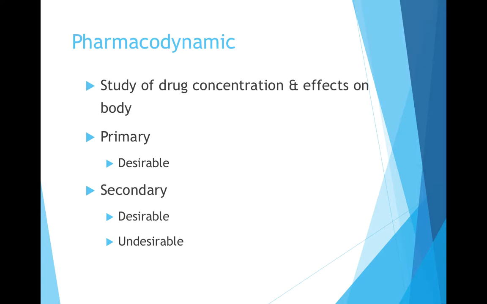Pharmacodynamics then is the next thing we're going to talk about, and that has to do with the study of drug concentration and effects on the body. We have two different measures that we look at. We look at both the primary desirable effect and the secondary effect. So, for example, in a primary, let's just use the compound Benadryl.